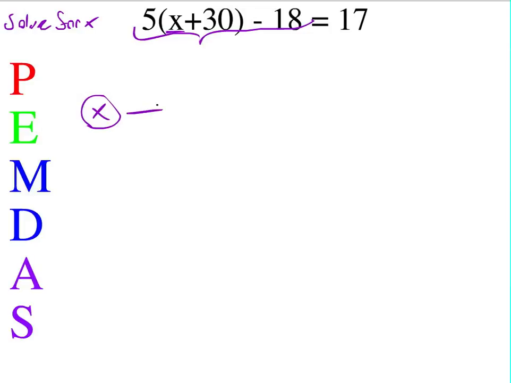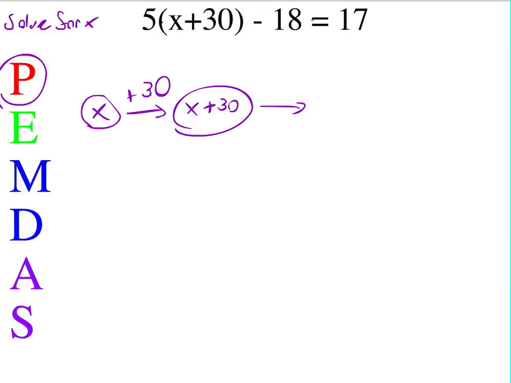So we're going to draw an arrow, and we're going to use PEMDAS. We start with parentheses, and inside the parentheses I have x plus 30. So the operation I'm doing first is inside the parentheses, and we're adding 30.